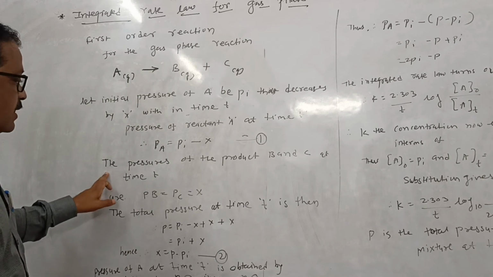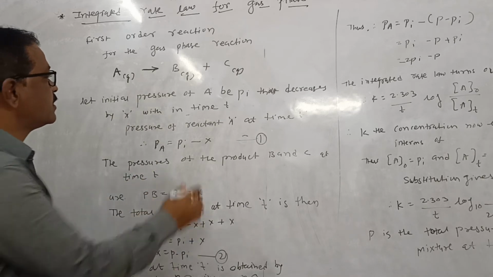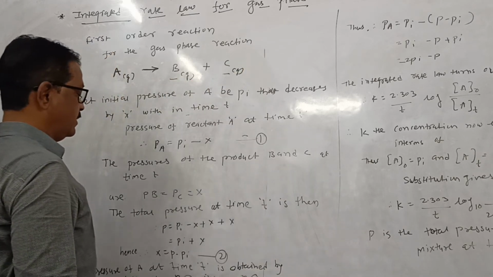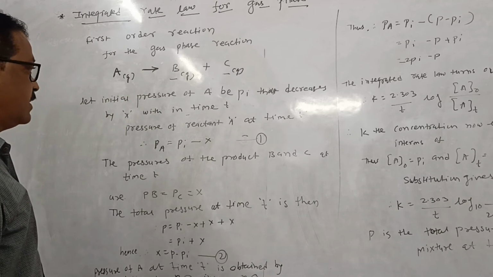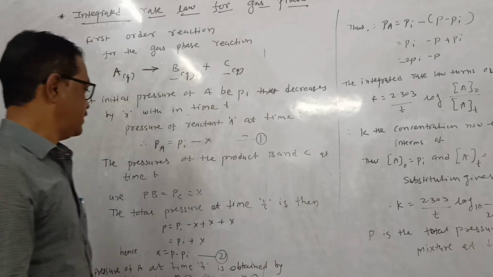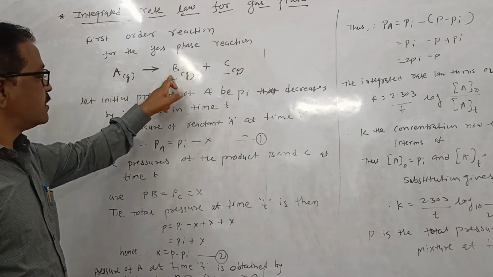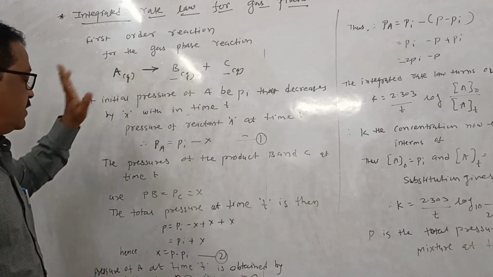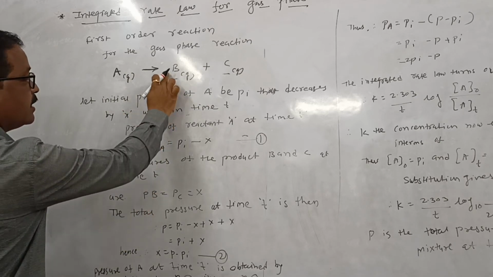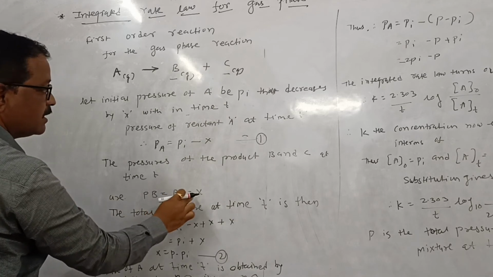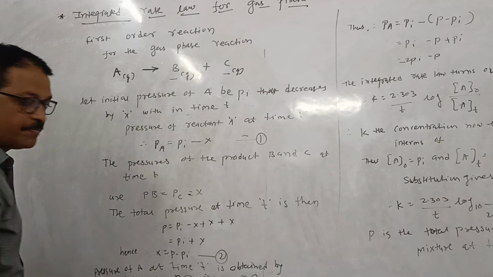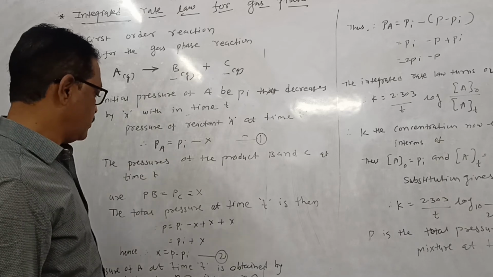Then the pressure of the products B and C at time t, PB plus PC, PB equal to PC equal to x.